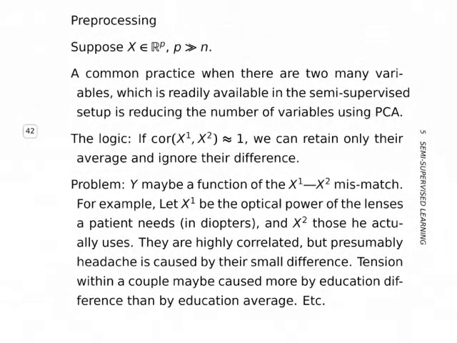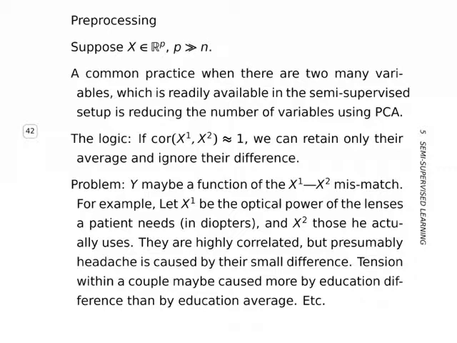Let's go to another variation of this theme. A common practice, and this is really common practice, if we have too many variables, is to reduce the number of variables using PCA.